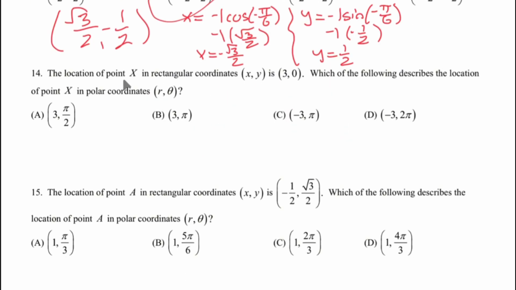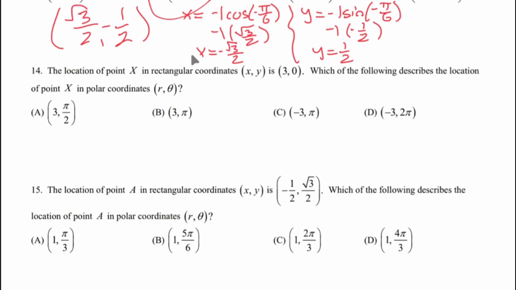Alright, now moving on. Now we're changing from rectangular to polar. Rectangular to polar, in my opinion, is a little more work. So we have the x and y values. Now we want to change it to radius and angle. So to find the radius, that's an r.